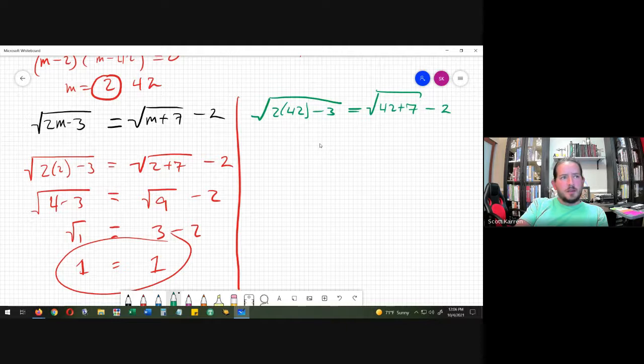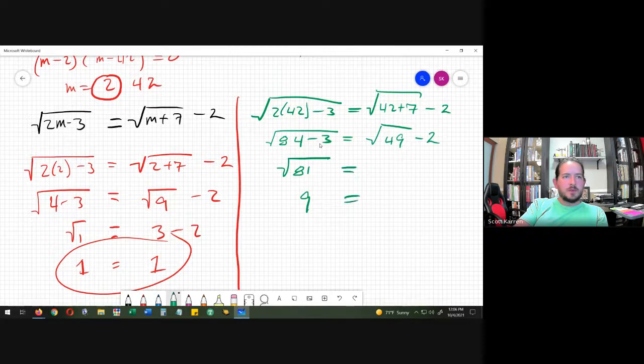This would be 84 minus 3 should then equal 49 minus 2. 84 minus 3 is 81. Square root of 81 is 9. Square root of 49 is 7, but 7 minus 2 is 5. And so 42 is not a solution.